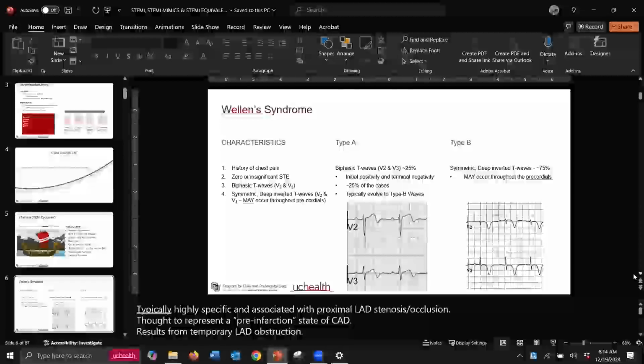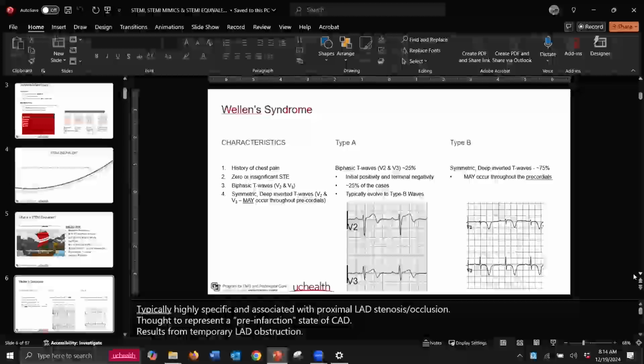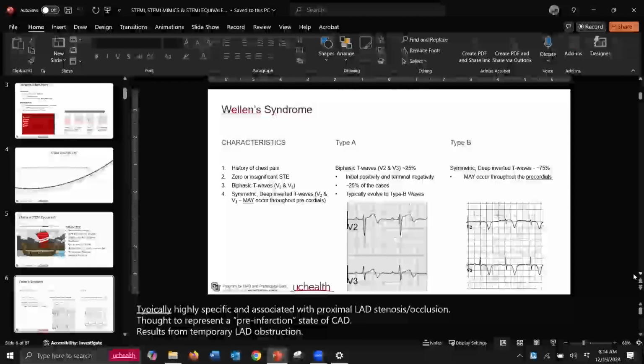So Wellens syndrome. It's kind of a cool little entity, right? It is typically associated with a history of chest pain. So this is that individual who complains of chest pain, but likely when you get there, they are pain-free. You do appropriately do a 12-lead EKG, and these waveforms magically appear.